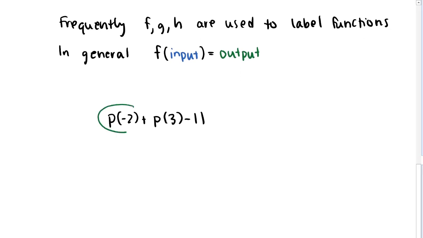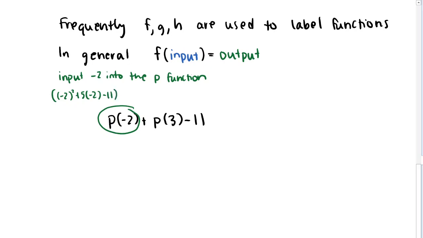This means input negative 2 into the p function. So this concisely says we'll square negative 2 plus 5 times negative 2 minus 11.